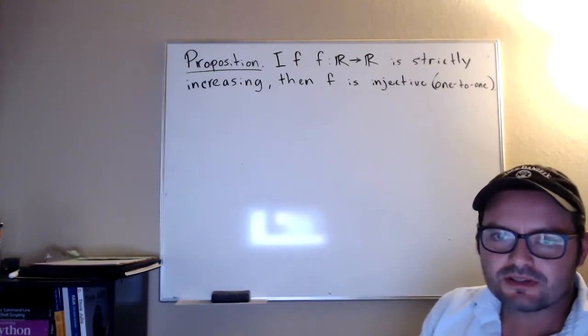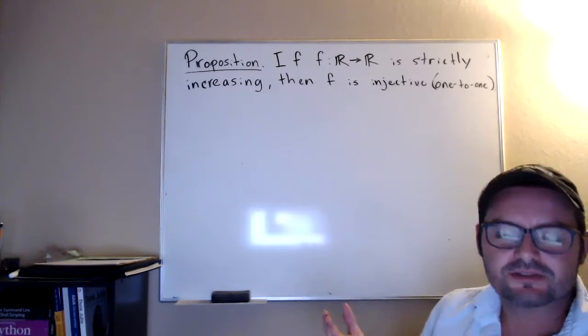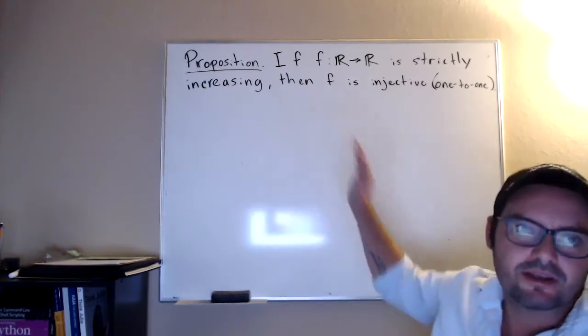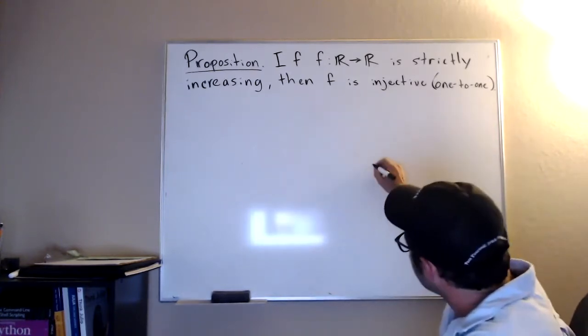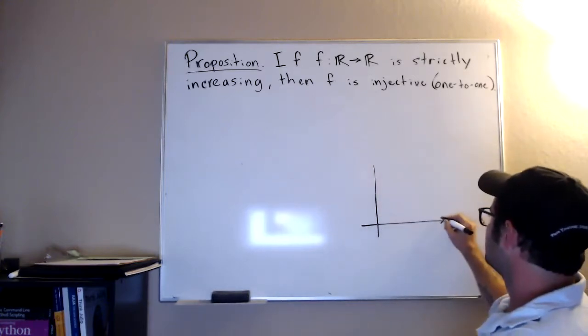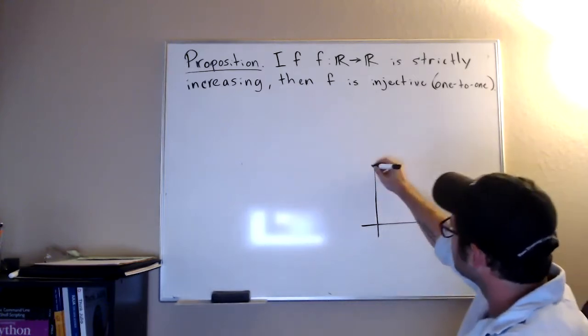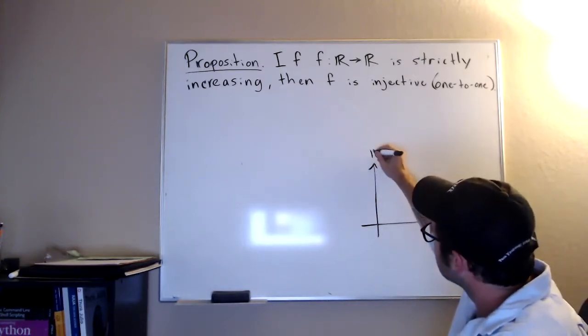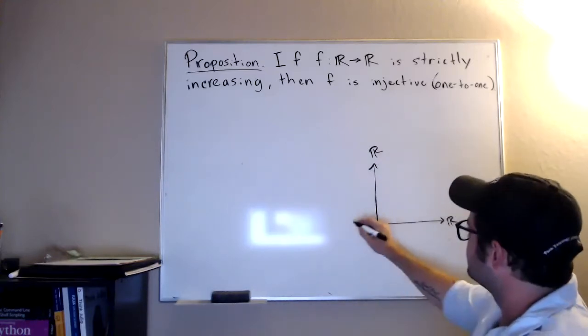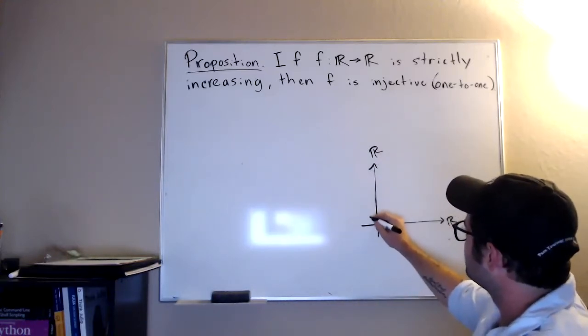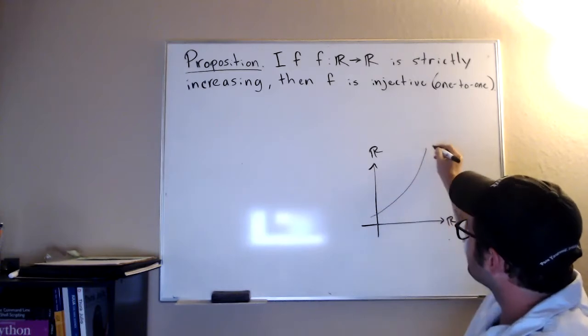So let's kind of draw a picture and get a sense of what this is saying is happening. So we have this real value function, right? And it's strictly increasing. Well, what does that look like? It looks something like that, right?